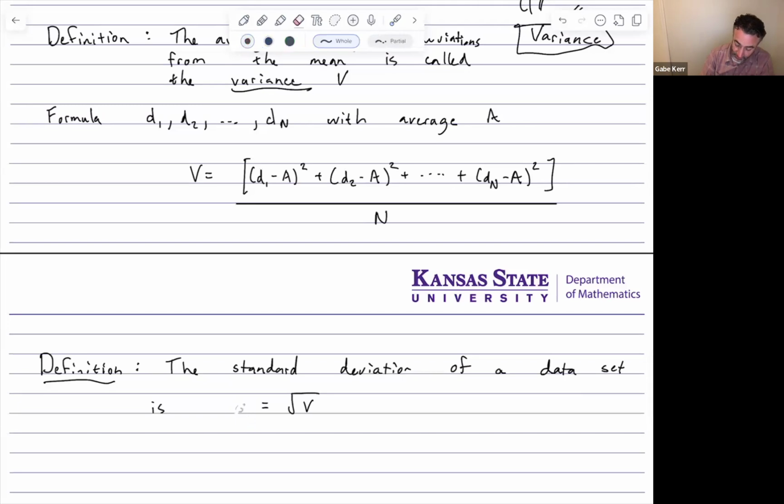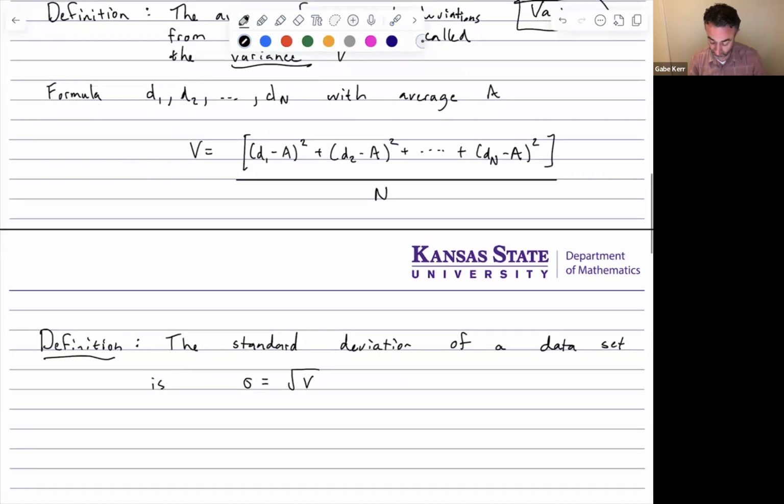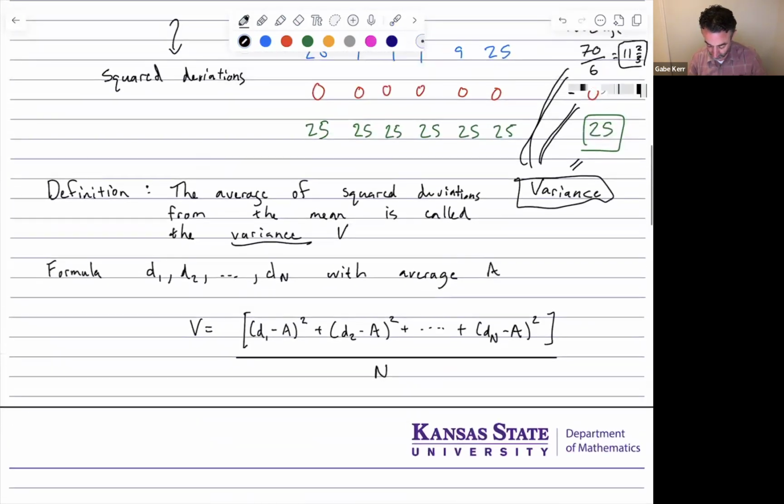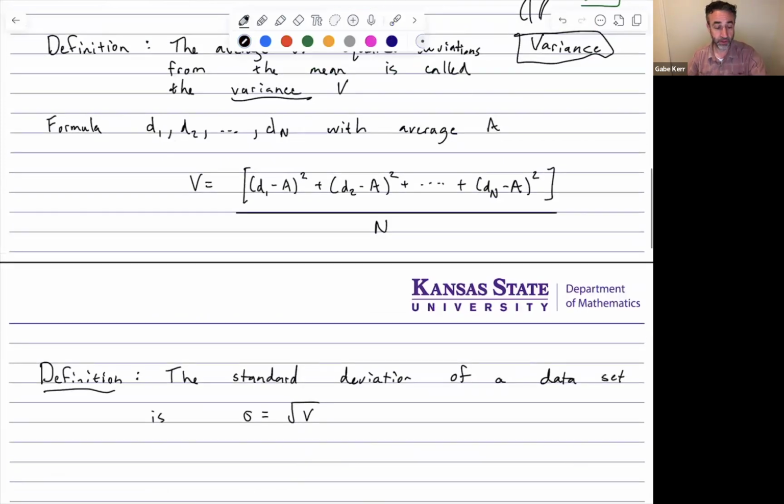Remember that Greek is an alphabet, so it's not all capital letters. There's lowercase as well. And sigma denotes the standard deviation, the square root of V in this case.